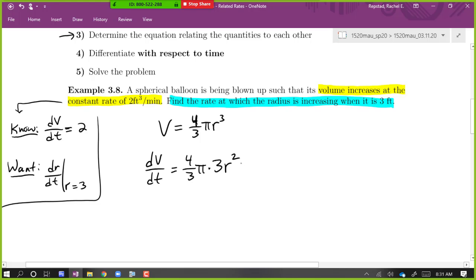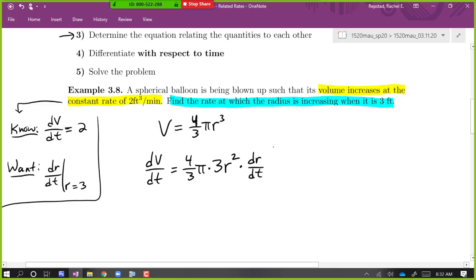Now, I'm doing this with respect to time. So what do I need right here? dr/dt, because we're taking the derivative of an r term with respect to t. So we have to add that factor. That's the chain rule at work.